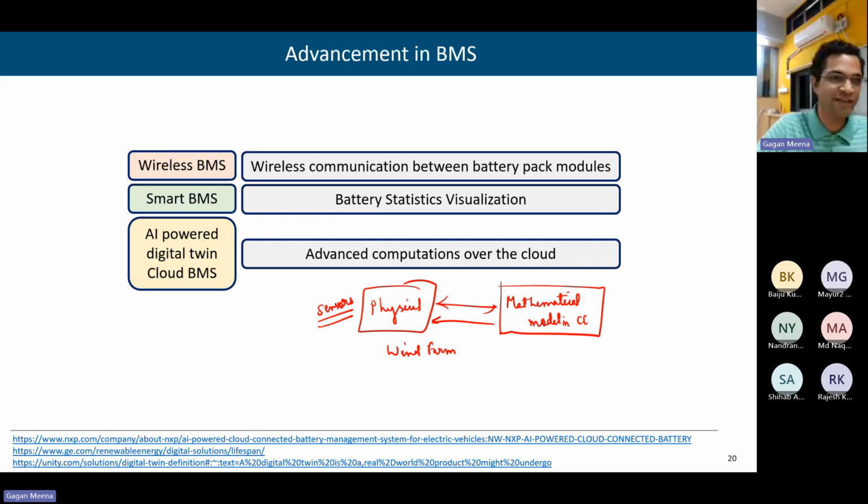Similarly, one can have a digital twin of autonomous cars. An autonomous car is a physical device, and it can have its entire detailed mathematical model on the cloud. The two models can communicate with each other.